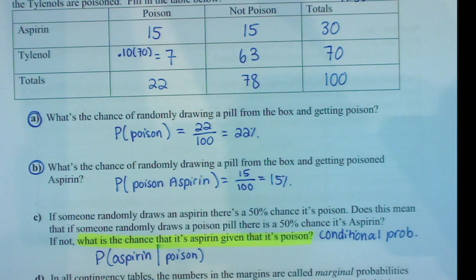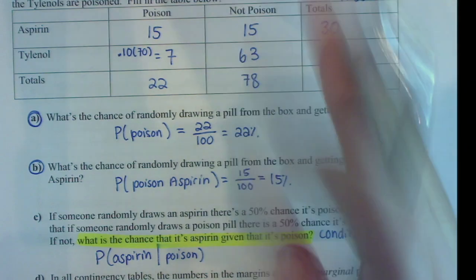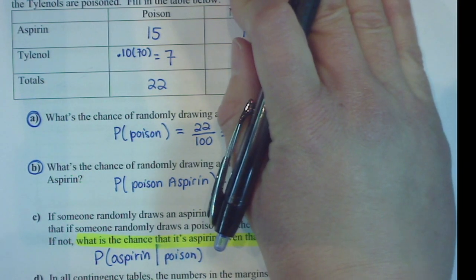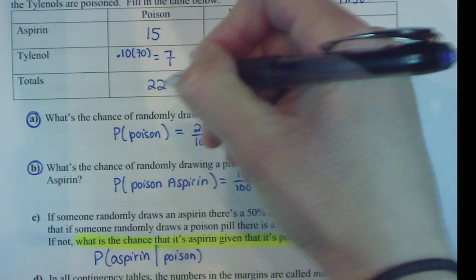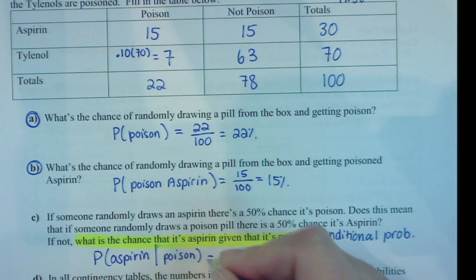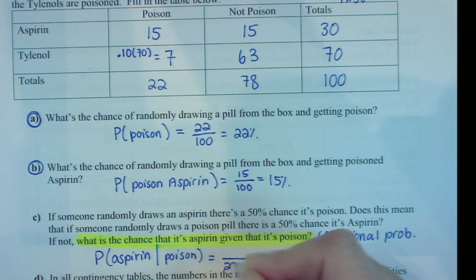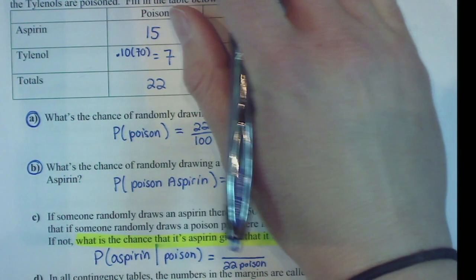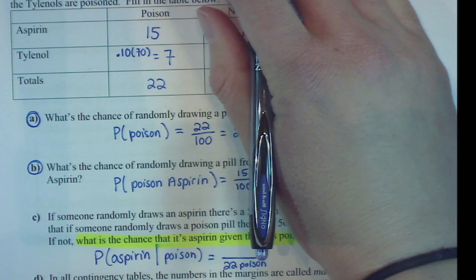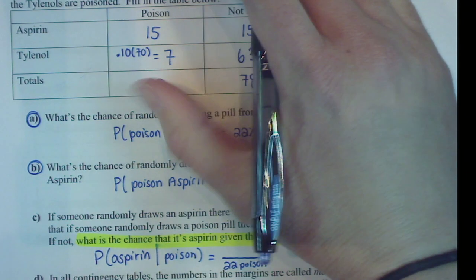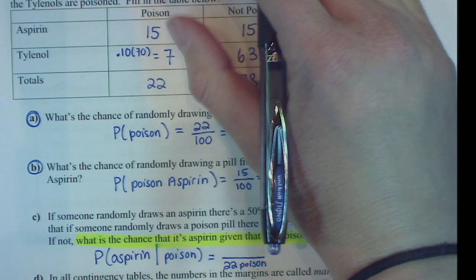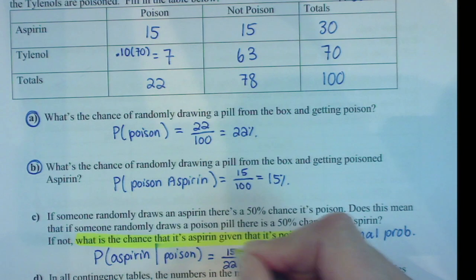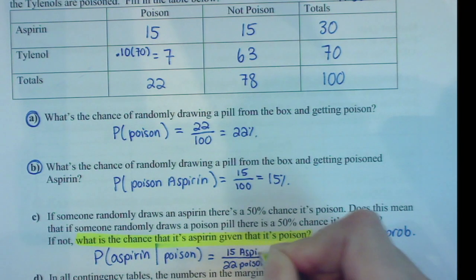So anytime you have a condition, now we're not looking at all of the pills. We're saying given that it's one of the poison. So I'm going to ignore the rest of my table. I know I got one of these 22 poison pills. So the given is always our denominator. There's 22 poison, right? So we want to know what's the chance that it's aspirin given that it's one of the poison. So we know it's one of the 22 poison, and then 15 of those are aspirin.